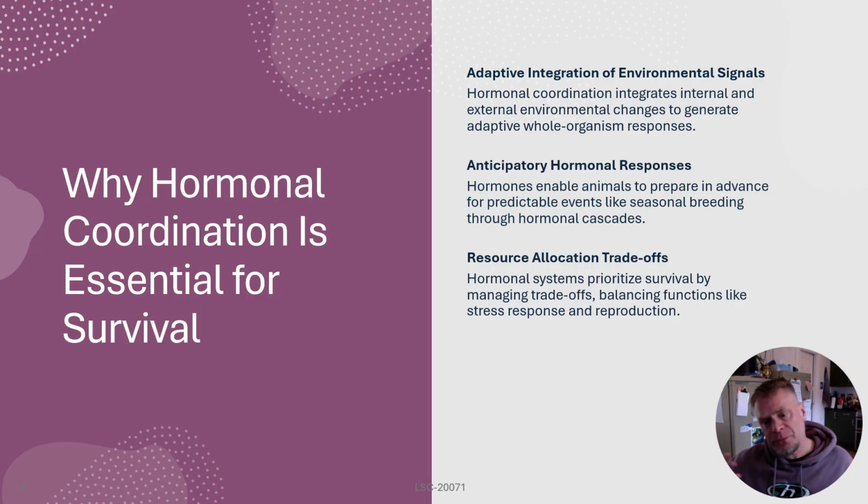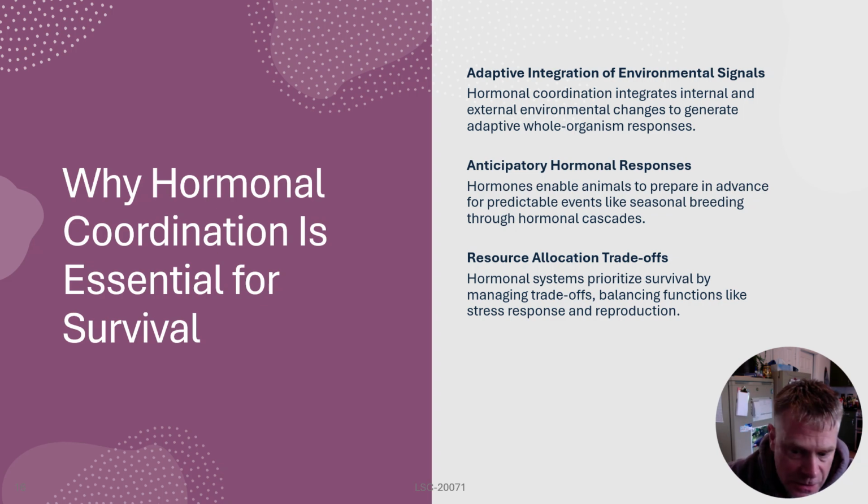So we've talked quite a bit about what a hormone is, what the endocrine system is, but now let's try and take a step back and link it to the ecology and the adaptation to the environment of the animal, and how might it improve the fitness of the animal. So why hormonal coordination is essential for survival.